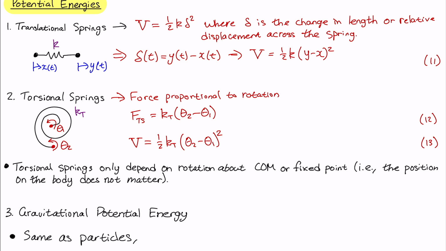What matters is the rotation of the location where you put it. And since we're dealing with rigid bodies here, the rotation is the same across the entire rigid body. This is not true when you consider flexible bodies. Then you get local rotations, but not this class. This class, we only deal with rigid bodies.